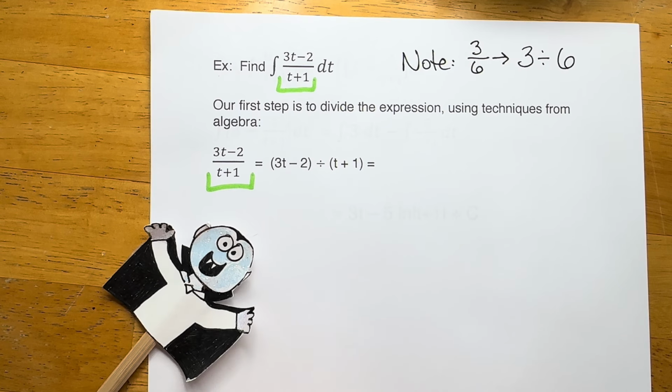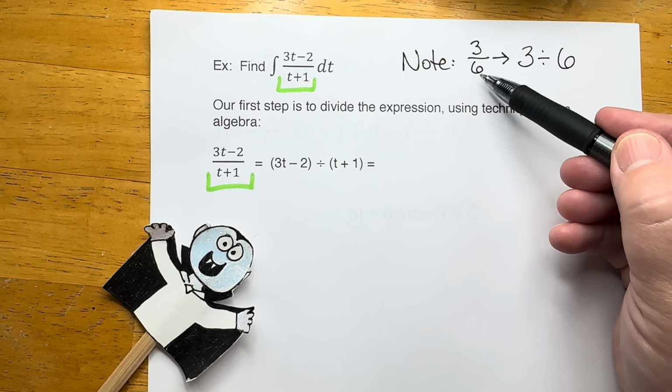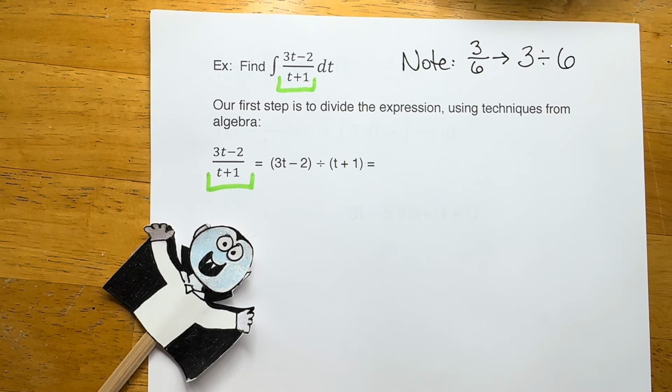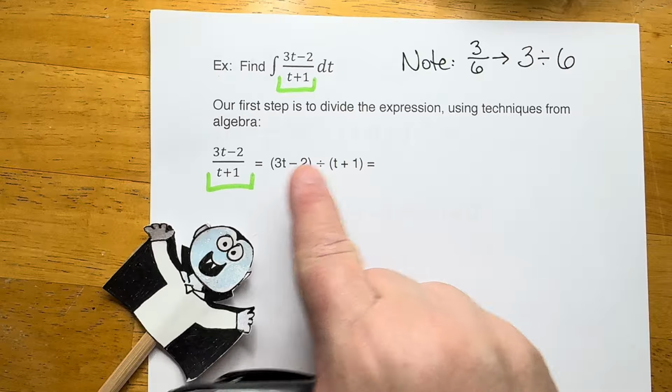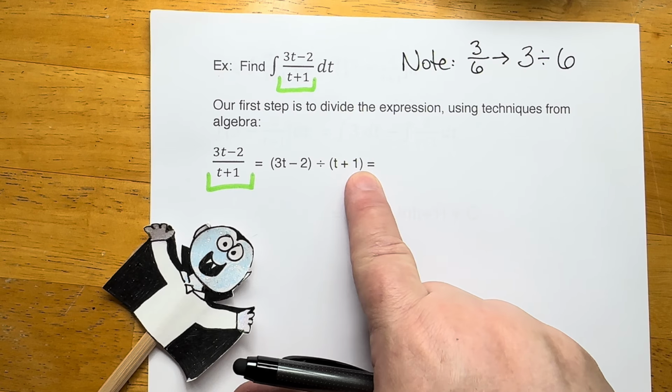And how do you remember this? Well, look at the division sign. The division sign has a line in the middle and then a dot on top and a dot on the bottom, almost as if it's looking back to this fraction. So I'm going to use that same understanding of a fraction's relationship to division to do it this way.